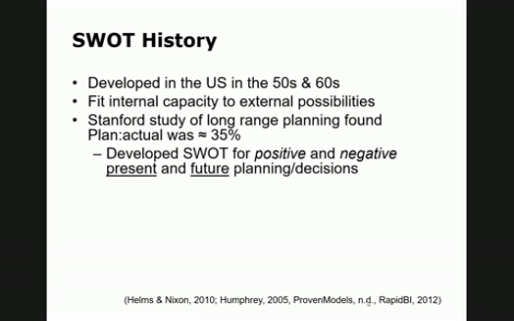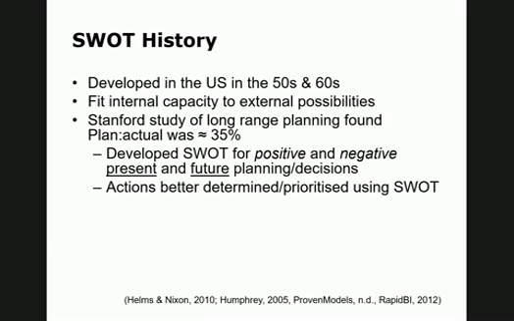Albert Humphrey was one of the key members of the SRI team and remembers the situation well. He wrote an article in 2005 about it. But what was really interesting was that SWOT was initially SOFT, that it stood for satisfactory, opportunity, fault and threat, and this was later changed to SWOT. So basically the actions could be better determined and prioritised using SWOT inside the organisation, and that then improved plan to actual.